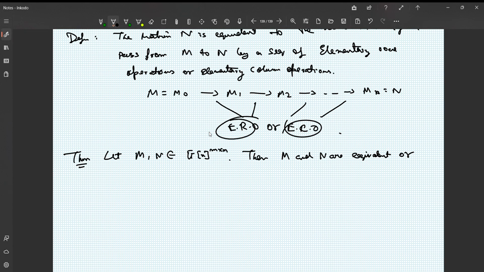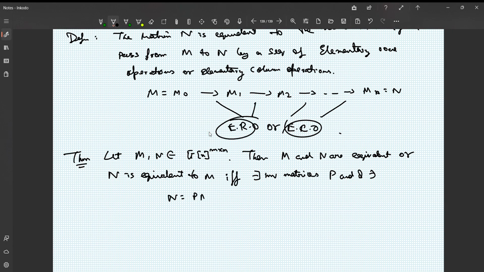Then M and N are equivalent, or we can say N is equivalent to M, if and only if there exist invertible matrices P and Q such that N can be written as PMQ.